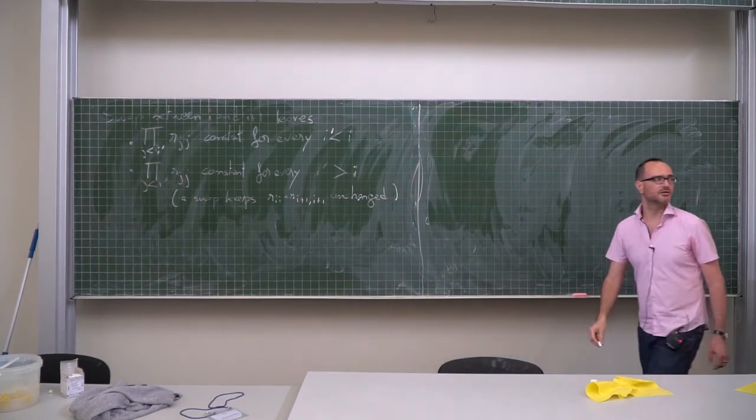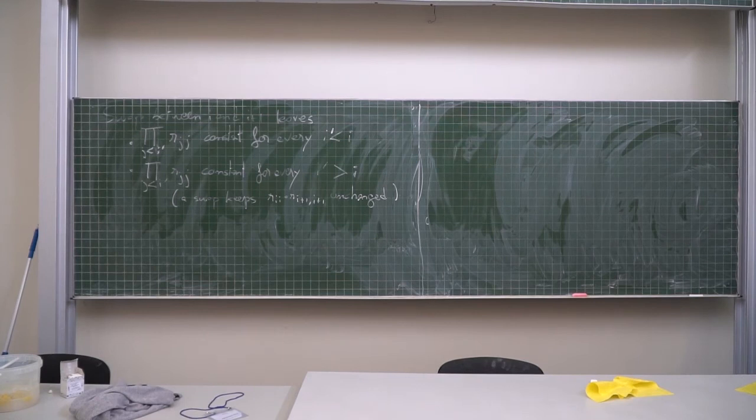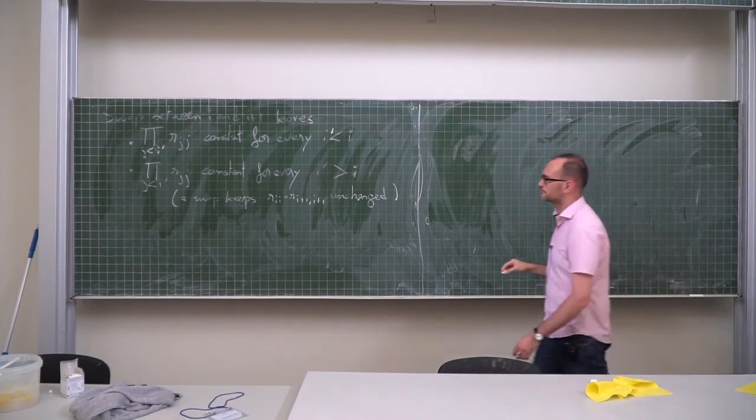Okay, so when you look at the potential as a product of starting determinants, the only starting determinant that may change is the one that goes up to i. Okay.